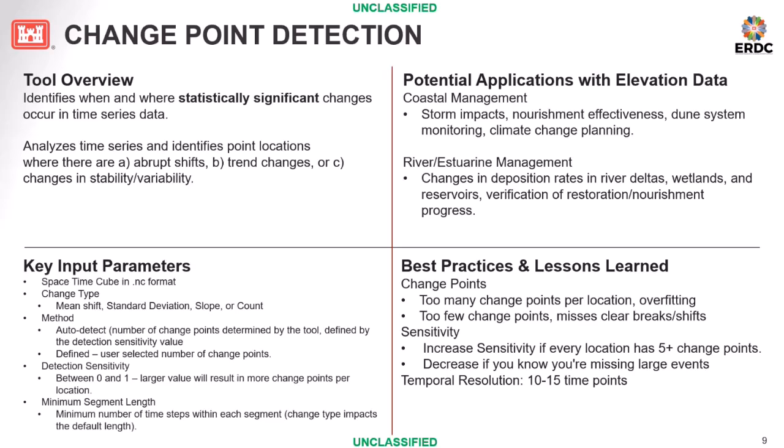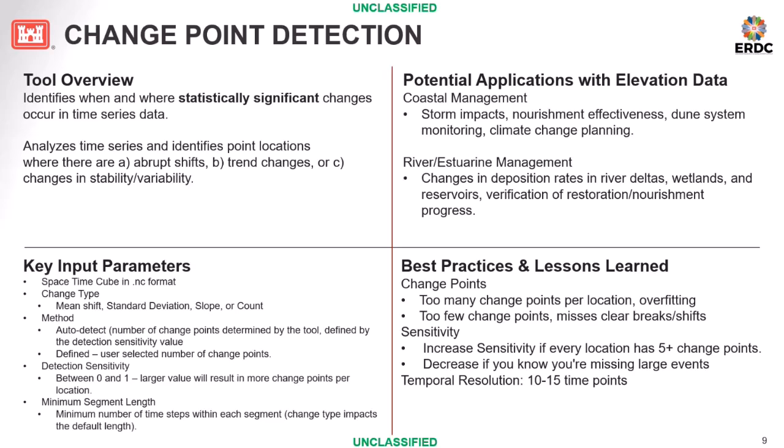The most important parameter here on the slide is your detection sensitivity parameter, which is a critical decision point as values that are too high produce overfitting, which detects noise rather than any meaningful geomorphic events. And values that are too low may miss real elevation shifts. So a general rule of thumb is that for every location, if it returns 5 or more change points, you should increase your sensitivity.